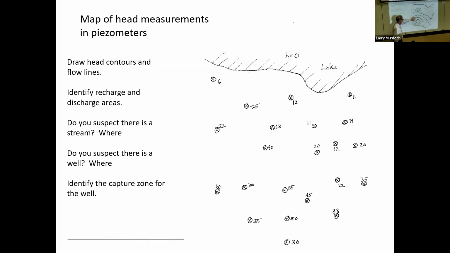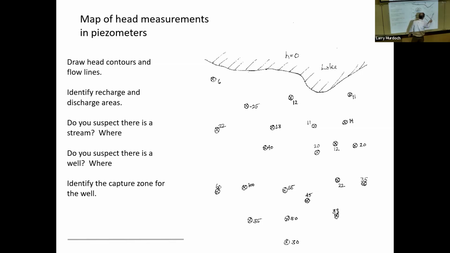Recharge. So this is a mound here. So this would be the recharge zone here. Discharge. Well, the water's discharging to the well here. It's discharging to the well. And there, it is discharging to the lake, probably. And then there's a stream.